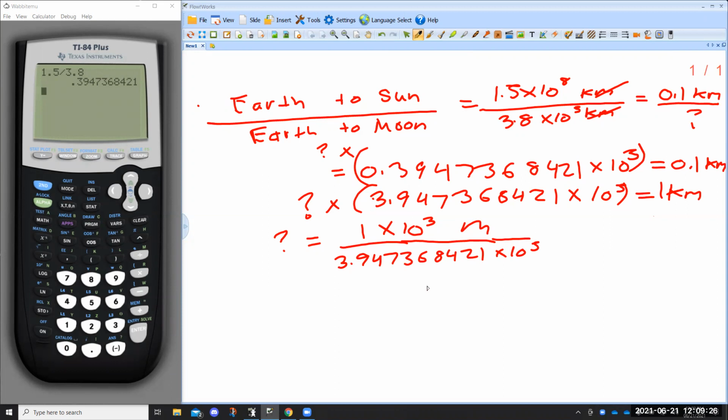So let's just use the reciprocal button. 2.53333, this is just threes repeating forever, times 10 to the -2 meters, right?